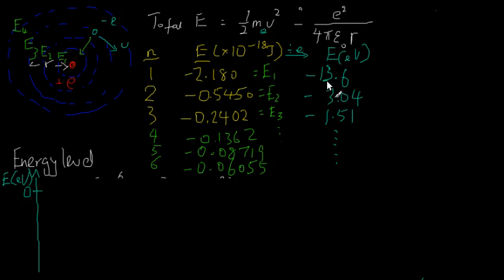So the lowest energy is minus 13.6 eV. So I would mark out minus 13.6, and the next one up is minus 3.04. Maybe somewhere there. Next one up is minus 1.51, and so on.